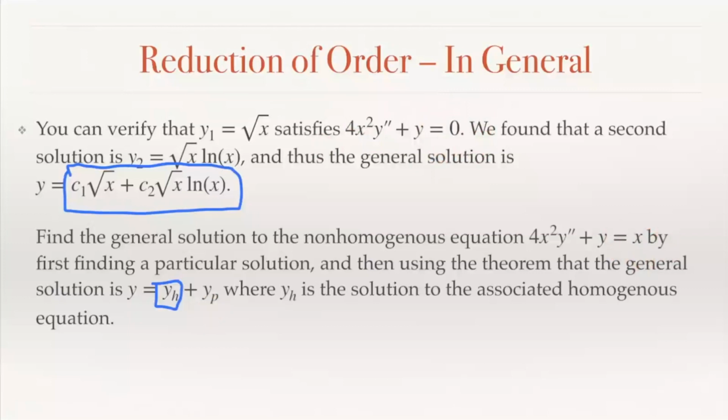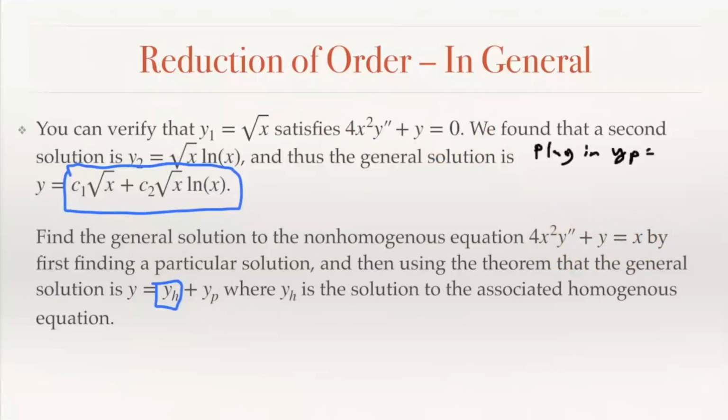So look at this. Can you think of any function y that satisfies this equation? Anyone at all? Well, the right-hand side is x. If we take the second derivative of x, it's 0, goes away.